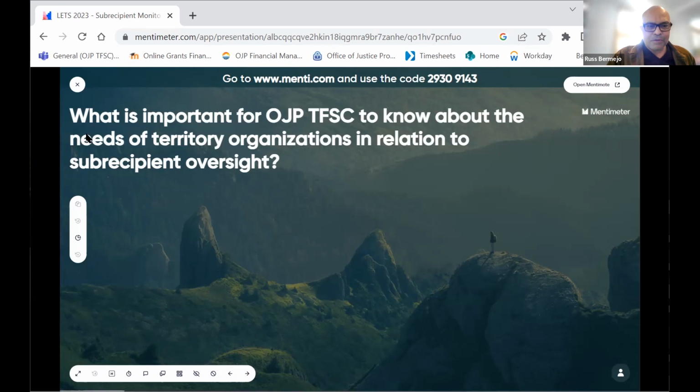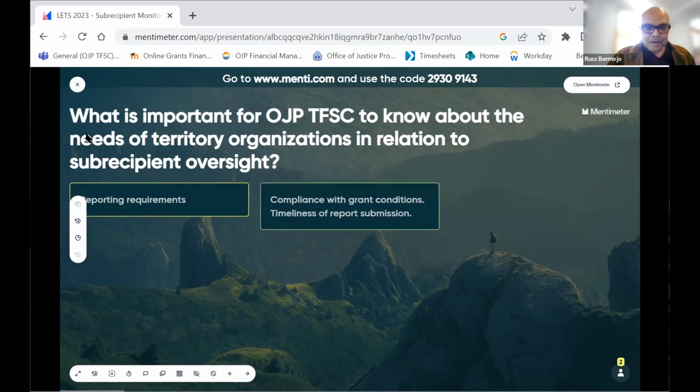So what is important for TFC to know? No need to be shy. These are all anonymous. Reporting requirements, thank you. Compliance with grant conditions, timeliness of report submission.